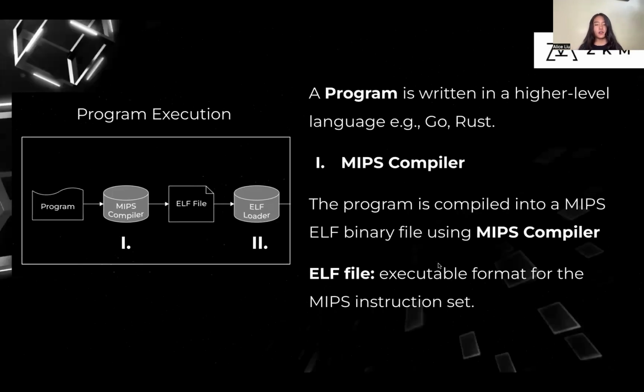In our first part, program execution, we take a program written in a higher-level language like Go or Rust. That program is fed into the MIPS compiler, which compiles it into a MIPS ELF binary file, which is basically the executable format for MIPS.